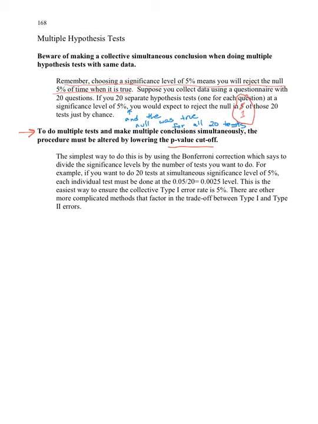So if you were going to do 20 tests, you would divide 0.05 by 20 if testing at the 5% significance level. And so you would compare your p-values to 0.0025 instead of 5%. And then you could collectively make those 20 conclusions at the 5% level.